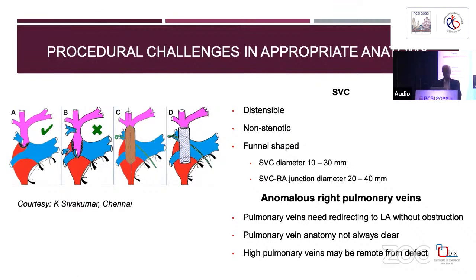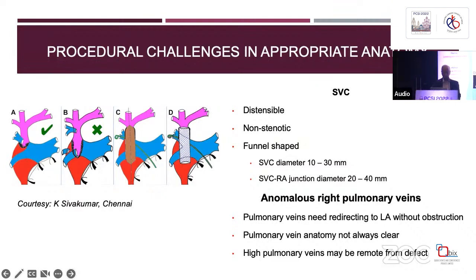As far as the anomalous drainage is concerned, the pulmonary veins have to be redirected to the left atrium without obstruction. And what we've found is that the anatomy is not always clear because there is this high additional right upper pulmonary vein, which is quite remote from the defect and will be difficult to redirect by catheter techniques.